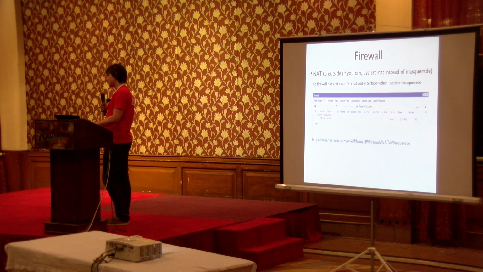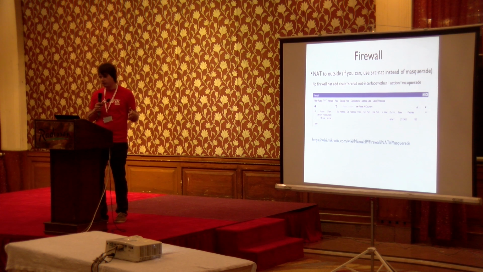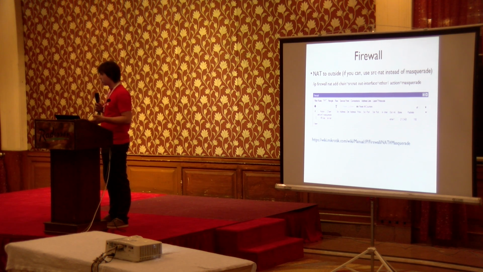So even if multiple laptops are used on your local area network, nobody outside the ether 1 on the public side will be able to see what IP address started this connection or sent this packet.